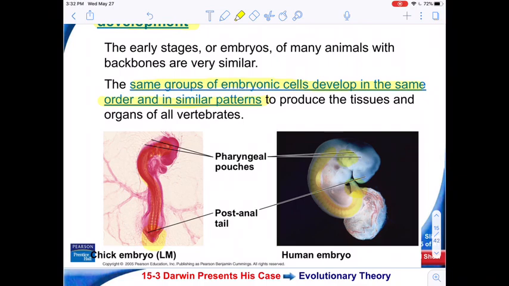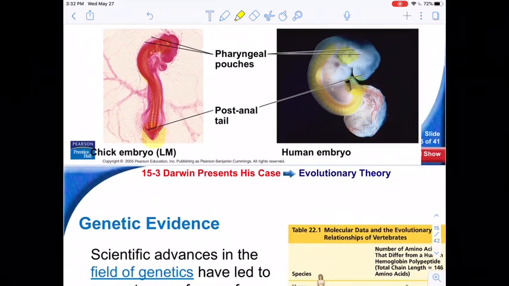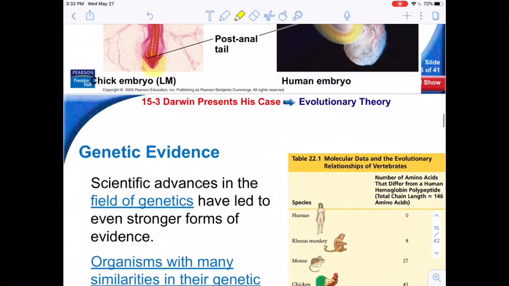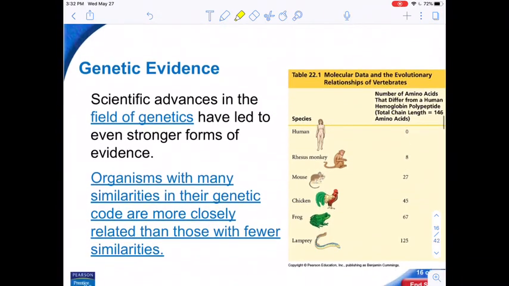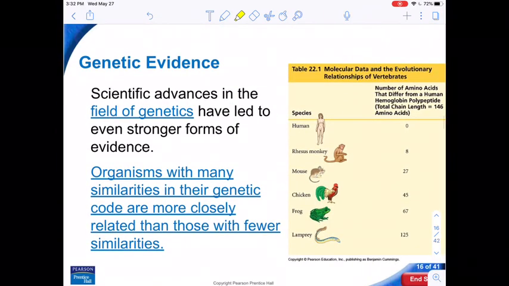The very last form of evidence for evolution, and also the strongest form of evidence, is genetic evidence. The recent advances in the field of genetics have led to these stronger forms of evidence.